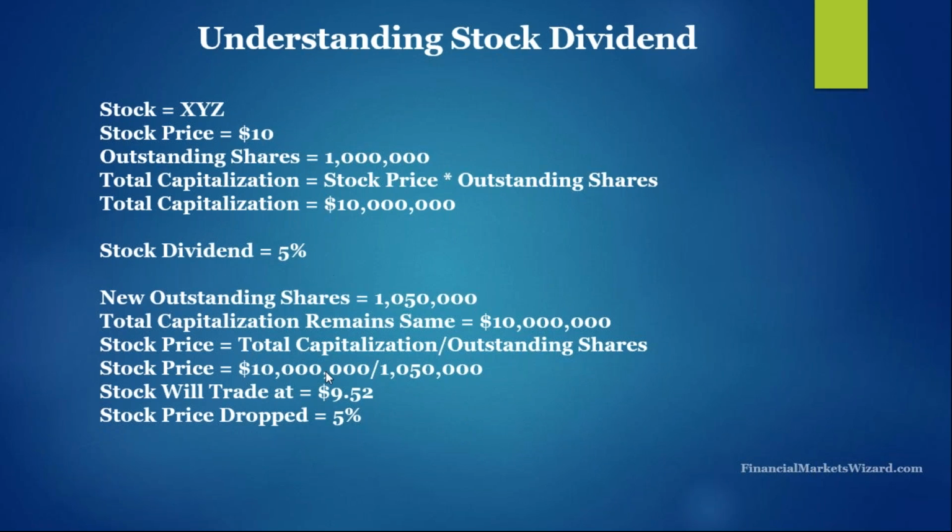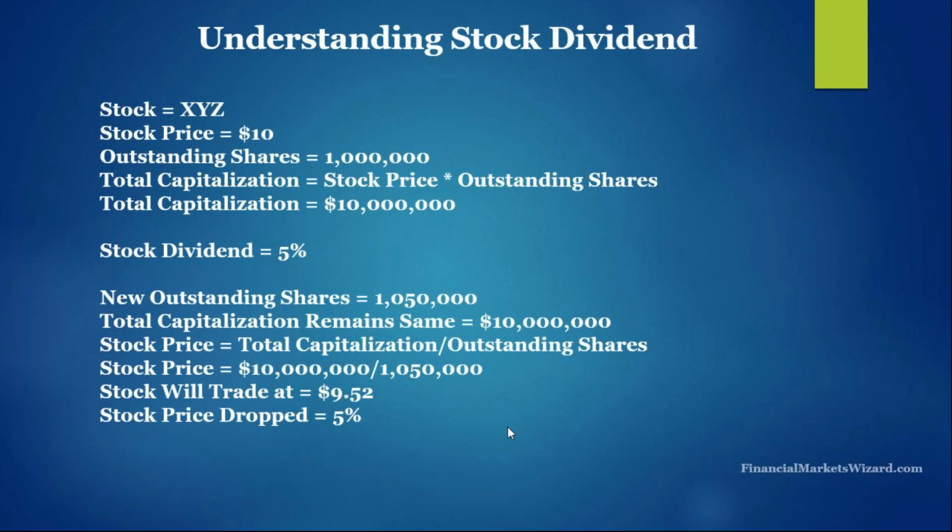You will have 105 shares because you've got 5 shares extra. You will have 105 shares, and now it's trading at $10, so you make money, and you don't pay any tax. So it's a good thing when a company declares a stock dividend. You get bonus shares.